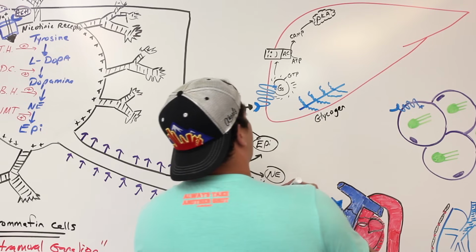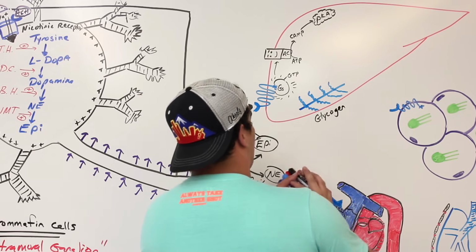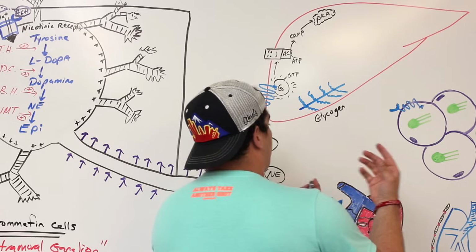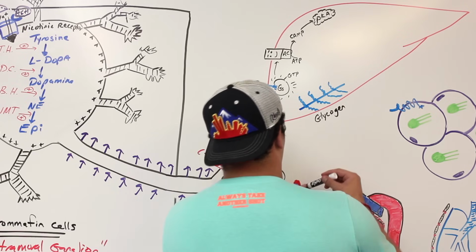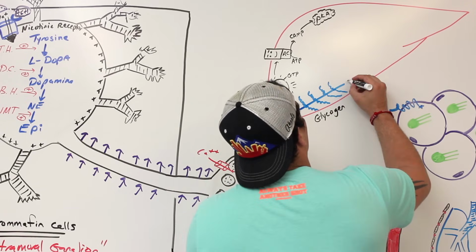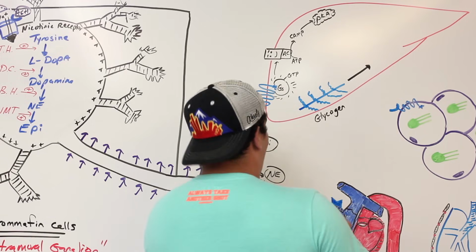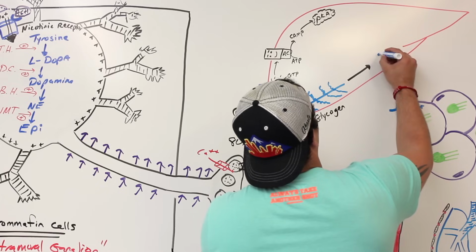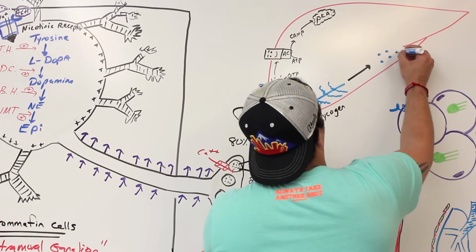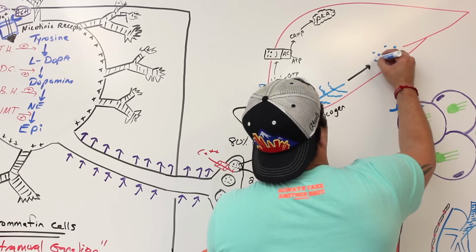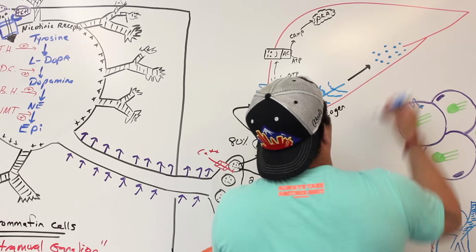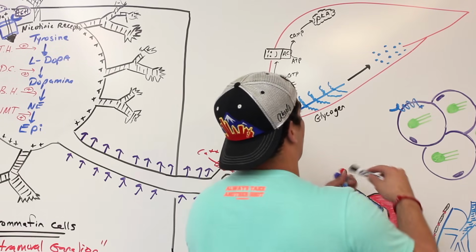Now there are certain types of enzymes involved in this process, particularly glycogen phosphorylase and debranching enzymes. But look what it does. I can start cutting this glycogen and converting it into a whole bunch of individual monomers. What are these individual monomers here called? These individual monomers are called glucose.